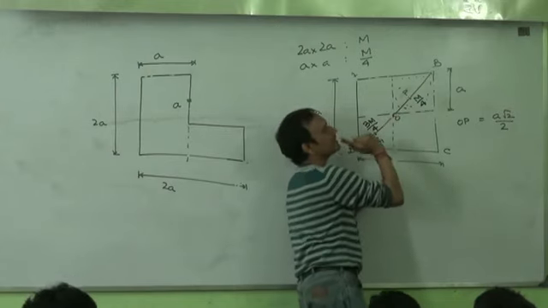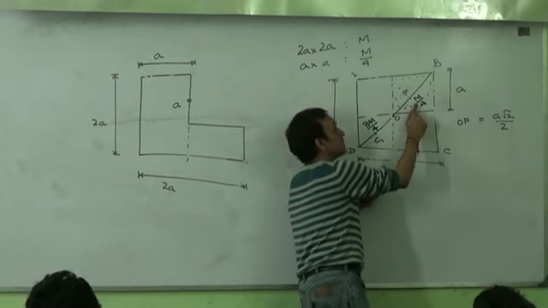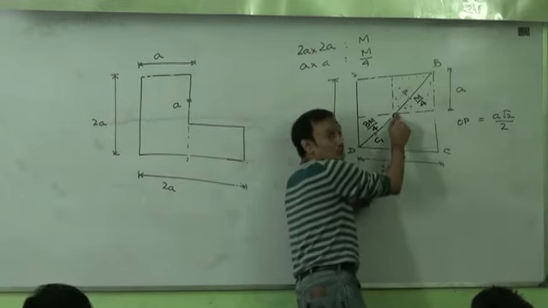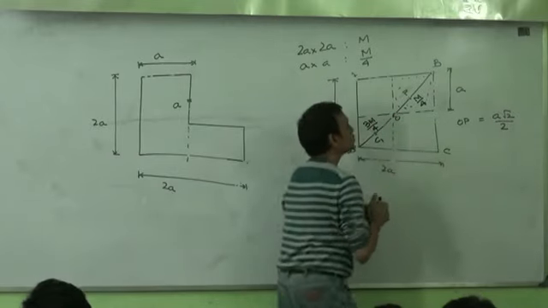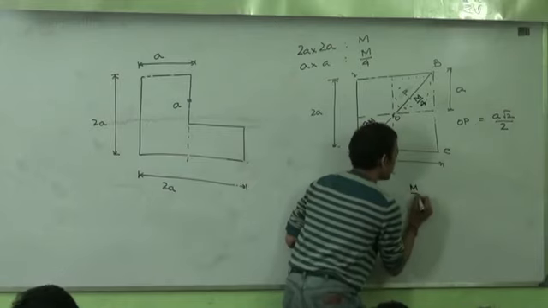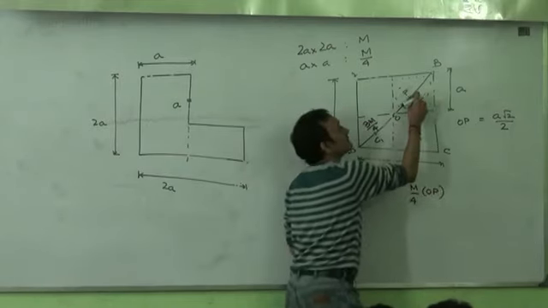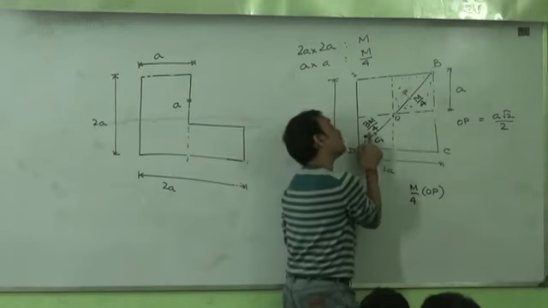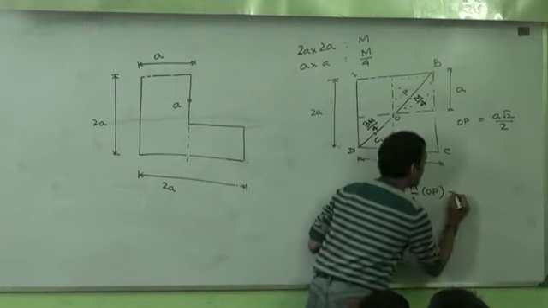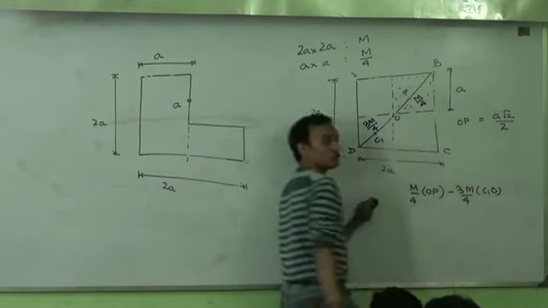So do you realize that the algebraic sum of the moments that M by 4 and 3M by 4 produce about their center of mass must be 0? So can I not say that M by 4 into OP is the moment that M by 4 produces about this, and the moment that 3M by 4 produces about O is going to be minus 3M by 4 into C1O.